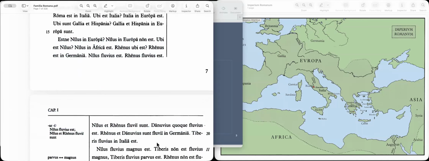Okay. Got it? So if we come up here, Germania, Danuvius fluvius est, Rhenus fluvius est.